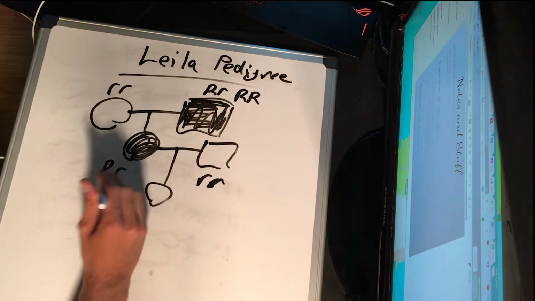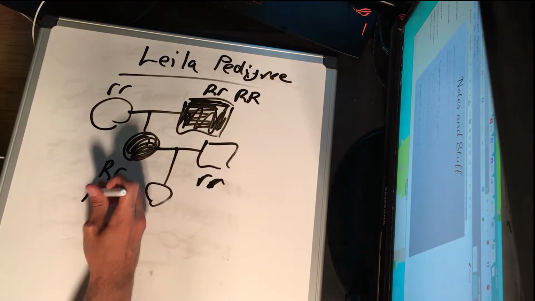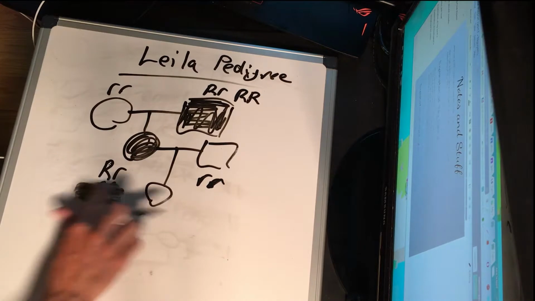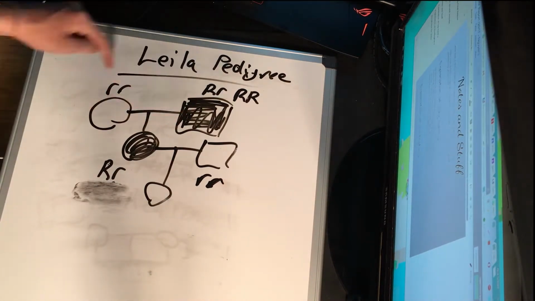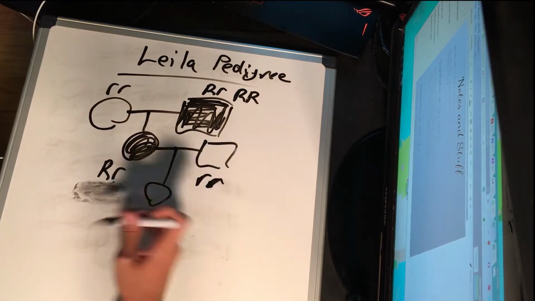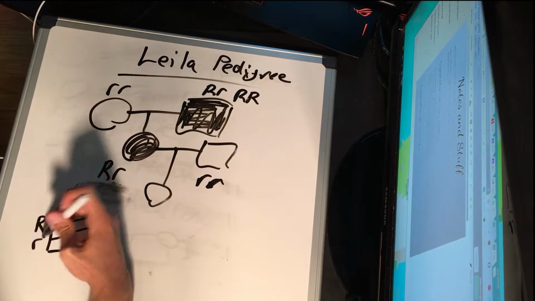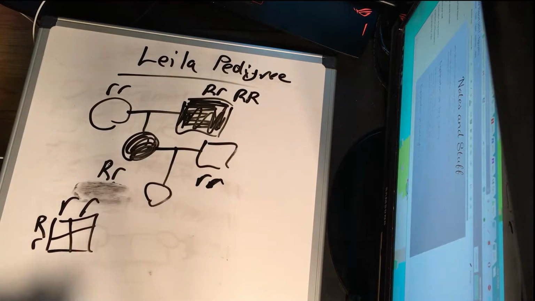So essentially, she could also be heterozygous or homozygous. And so the Punnett square for her would be like this. But we can get more into that later. So that's Leila's pedigree.